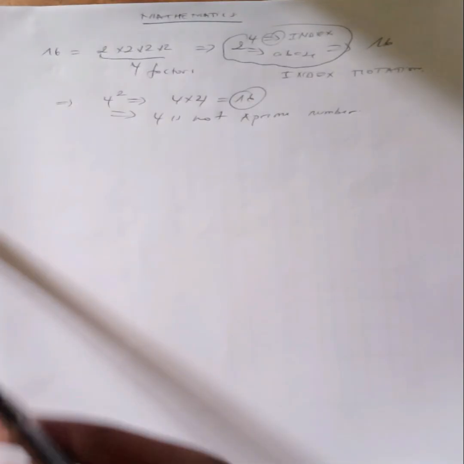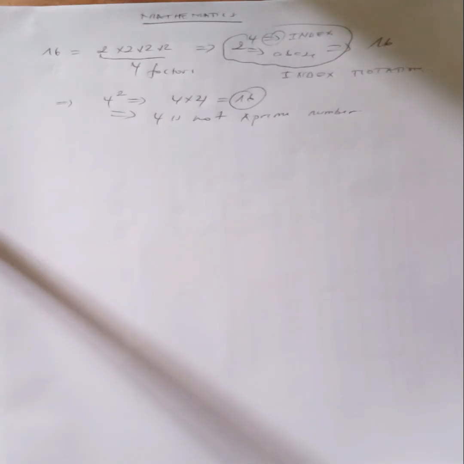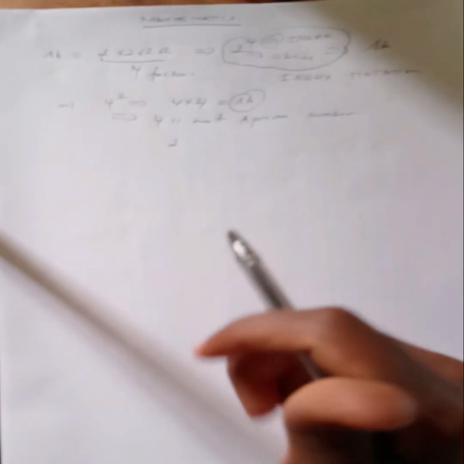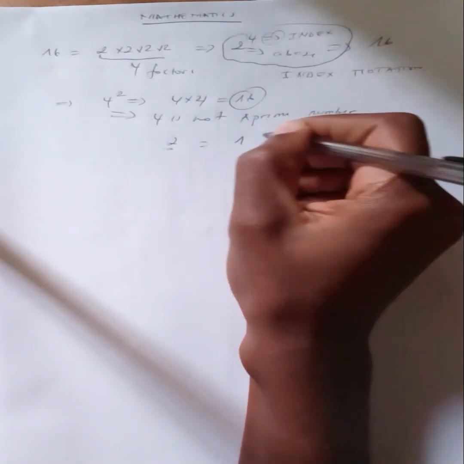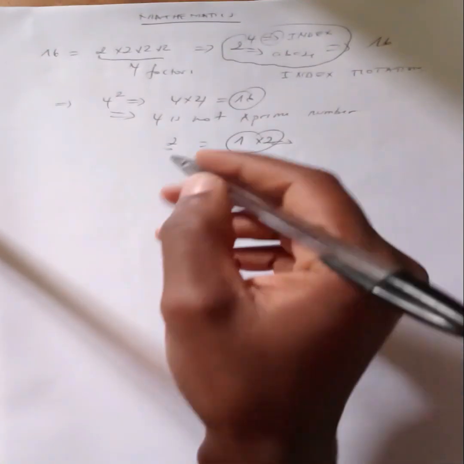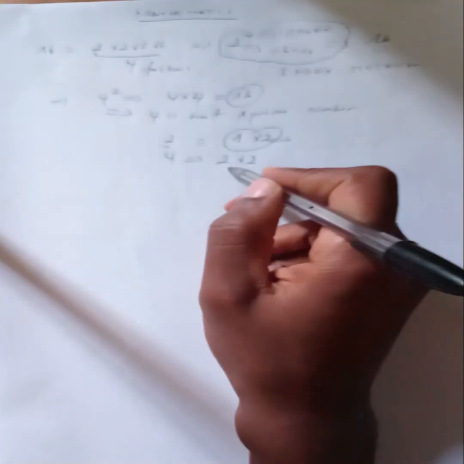A prime number is a number which is greater than 1 and cannot be made by multiplying two natural numbers greater than 1. For example, take 2: there are no other numbers greater than 1 that multiply to give 2. We have only 1 times 2. But 4 is equal to 2 times 2, so it is not a prime number.